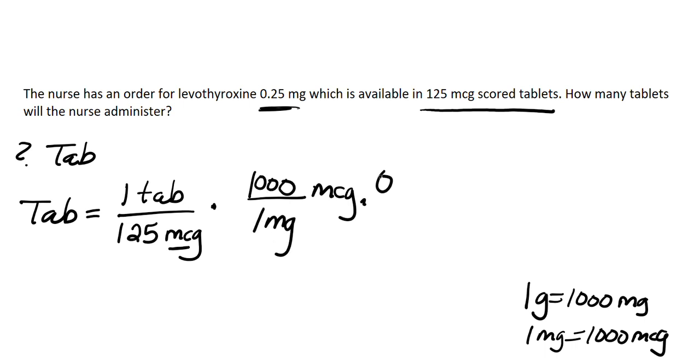And now we're going to plug in our order here, 0.25 milligram. You need to put a 1 there, and then multiply. 1,000 times 0.25 equals 250.